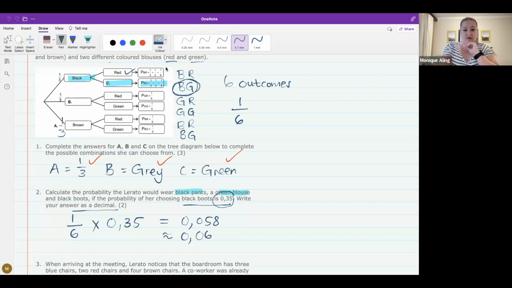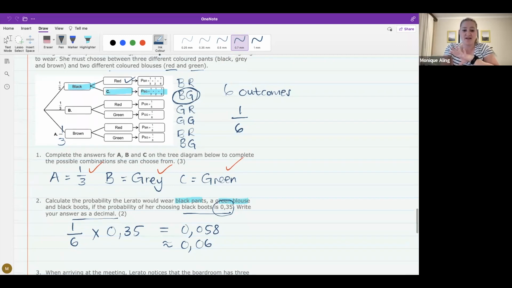Any questions? Do we feel a little bit better after the explanation? This is a new question. We haven't looked at one of these before, so don't feel too alarmed or stressed just yet. Everyone happy? Nice, Apiwe. Okay. So just to clarify, we work out the probability that we do know in the tree diagram. So we worked out black pants, green blouse.